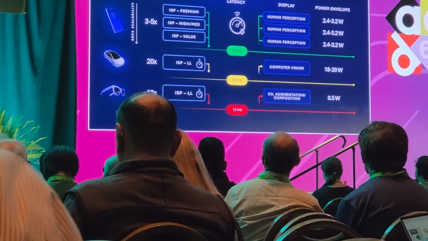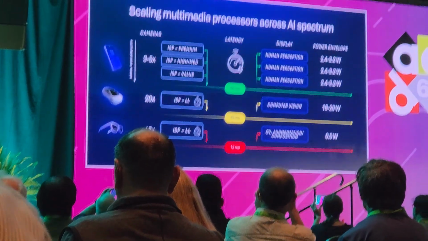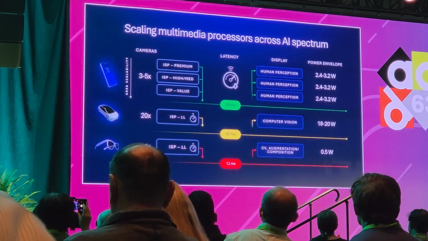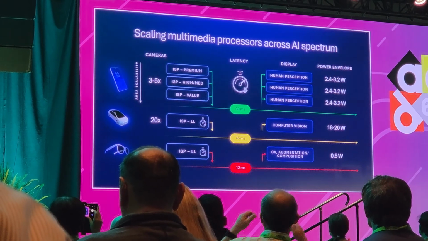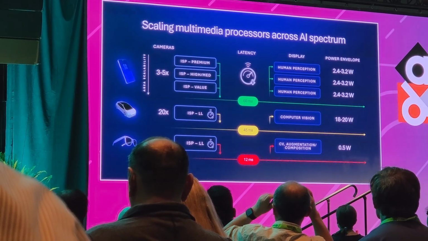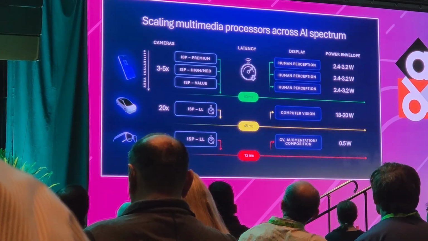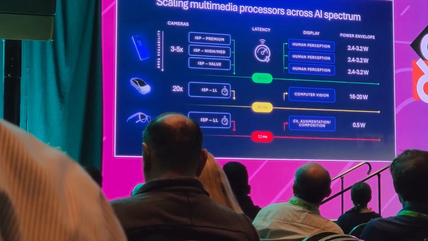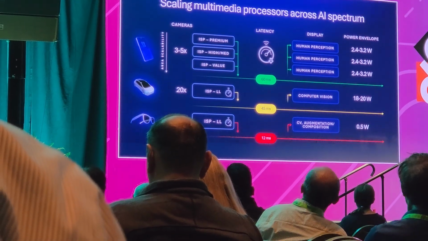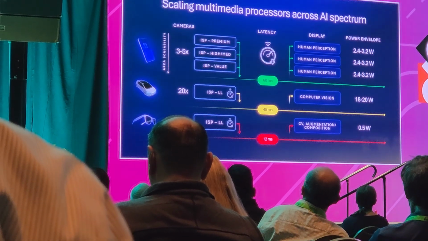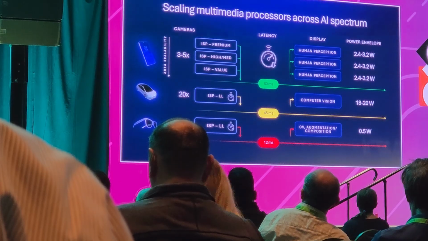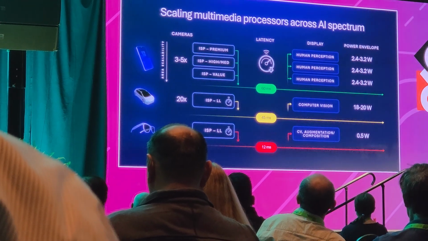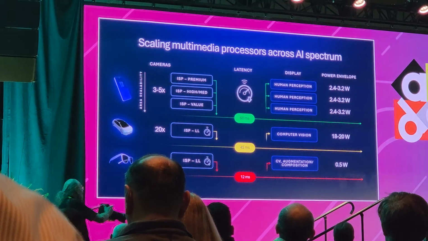So another area of scaling that we look at, since we play in mobile with all these different edge devices, is multimedia, which is a very important area. One example of multimedia is camera. Across a lot of this AI spectrum of products, basic camera and display blocks are similar, but the requirements vary in camera count, speed, and power. For example, for mobile, you could have between 3 and 5 cameras, depending on the tier of the mobile.